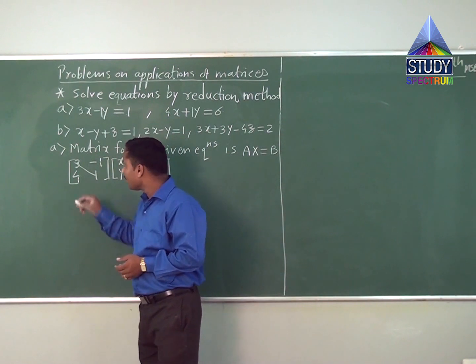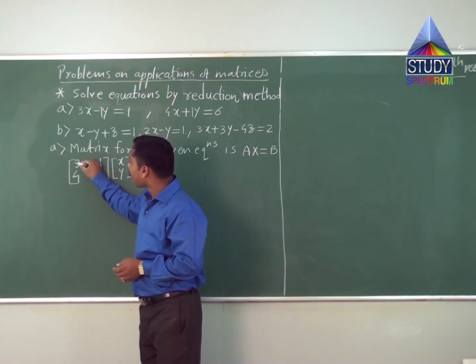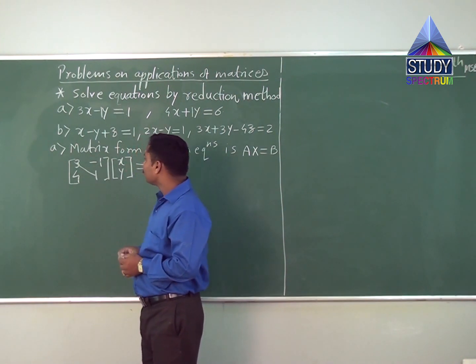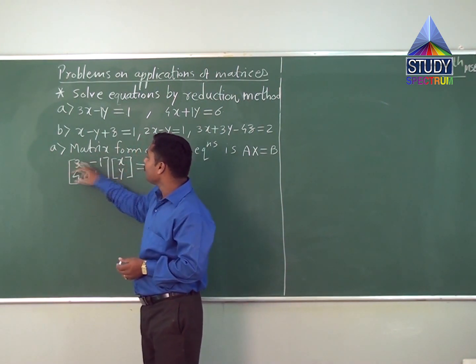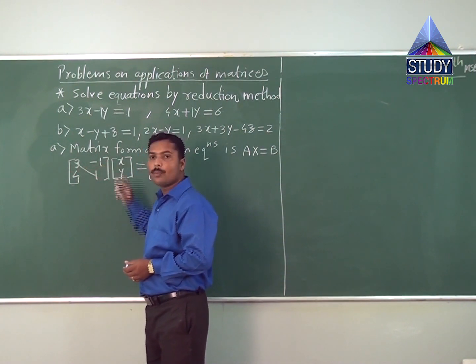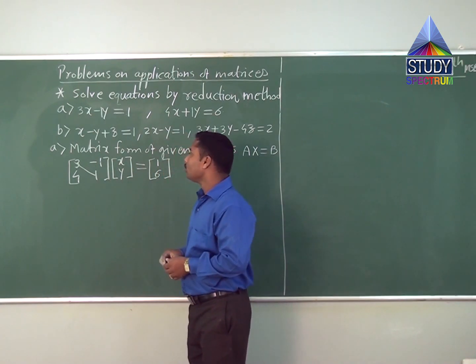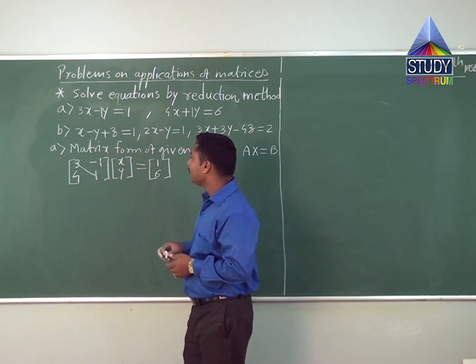Suppose here is a 3, but we want this 3 as a 1. If we divide by 3, what happens? 1, minus 1 upon 3. This makes a complication, so we use a simple idea.